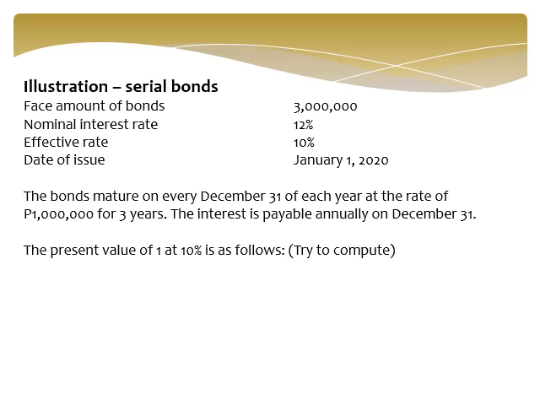The present value of 1 at 10% is as follows. So, try nyo to compute etong mga present value factors. 1 period, 0.9091. 2 periods, 0.8264. 3 periods, 0.7513. I will give you time. Try to compute the present value of 1 at 10% using your basic calculator.